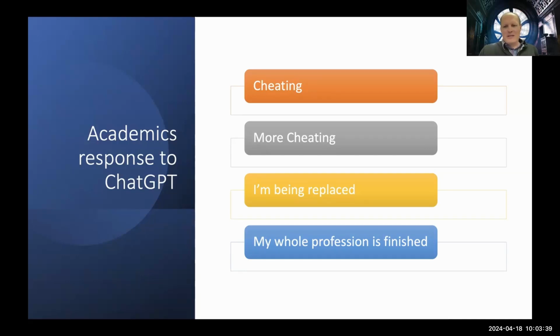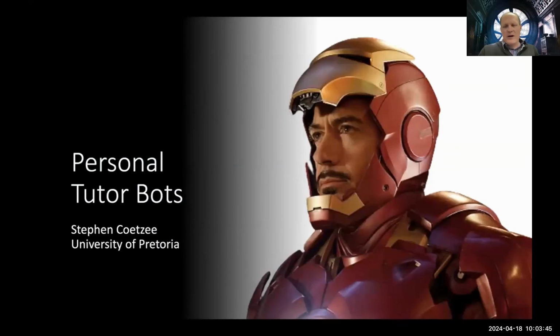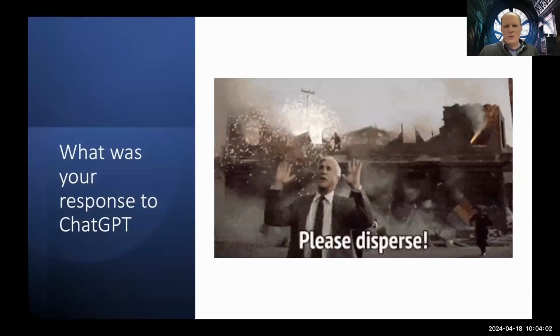I think we've got over that, and we're starting to embrace AI a little bit more. If I can go back to that first slide to explain why I used the picture of Iron Man, I think we need to start viewing AI as a tool that we can embrace and that can make us better. It's not something we should be fearing. It's not something replacing us. It's perhaps something we can use to enhance what we're doing.